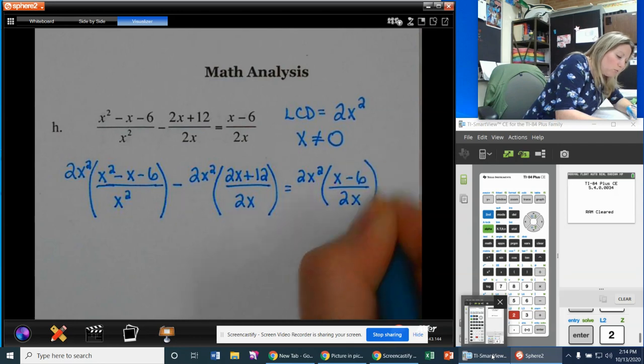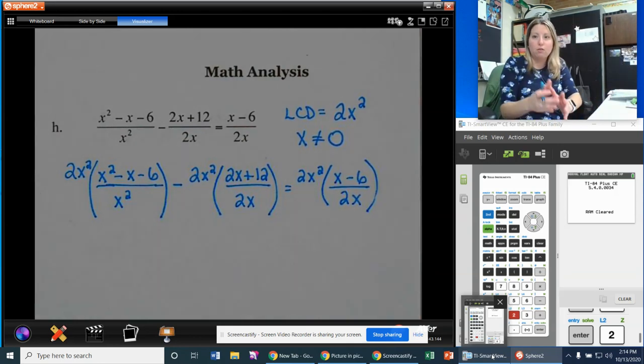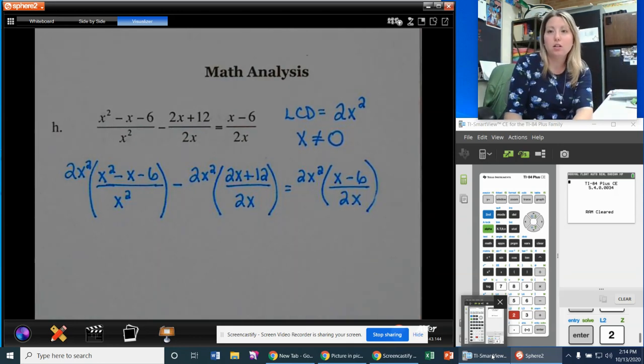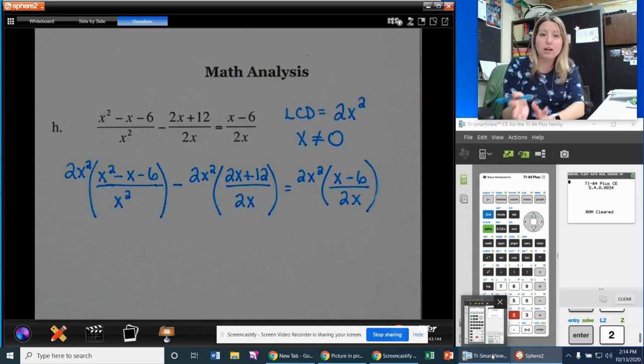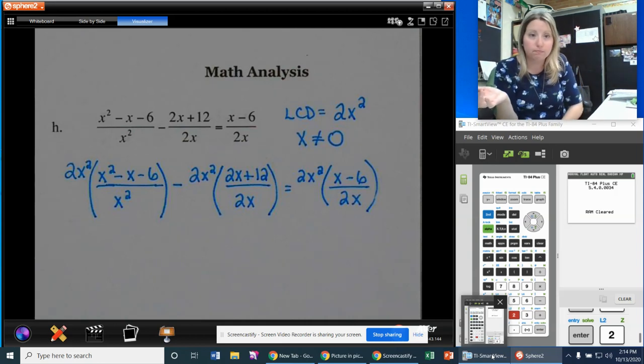This time really is worth it for getting the right leftover to distribute in your numerator, okay? Because again, this is at the Algebra 2 level. You want to make sure you've got the right stuff that's distributing in your numerator.